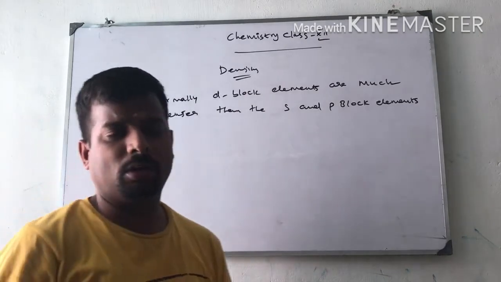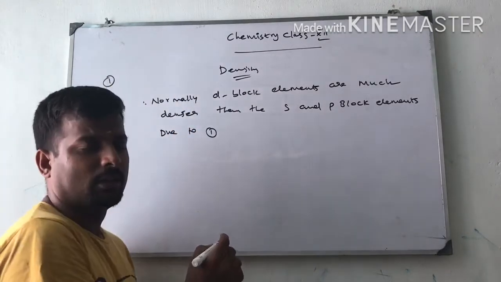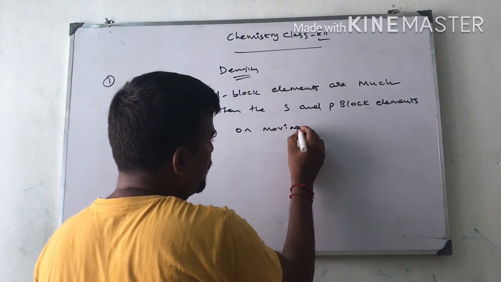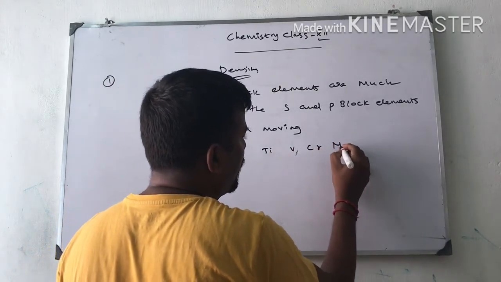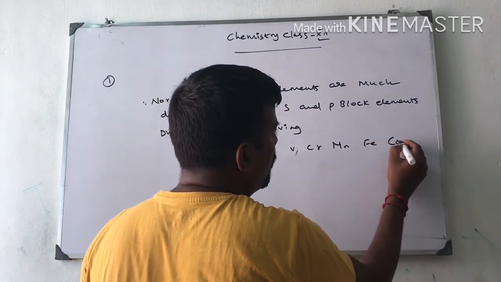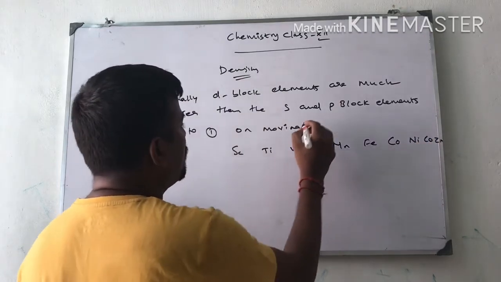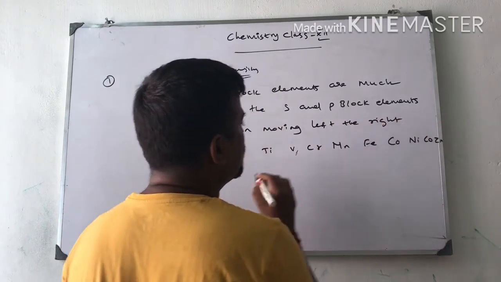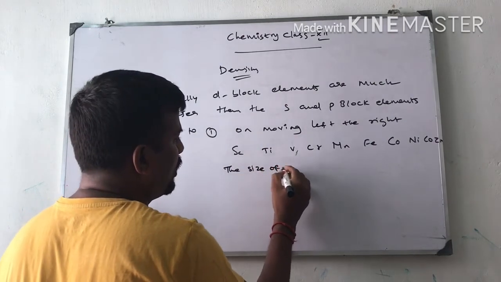There are reasons for this. The first reason: on moving left to right, scandium, titanium, vanadium, chromium, manganese, iron, cobalt, nickel, copper, zinc, the size of the atom decreases.